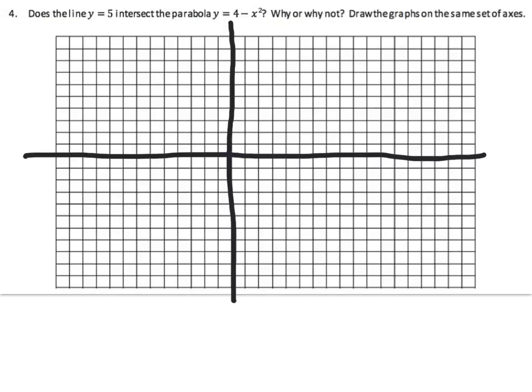I'm going to rearrange this one a little bit. y equals negative x squared plus 4. So I'm going up 1, 2, 3, 4, and opening down. Hold on. Plotted a few points. If I plug in positive 1 for x, I would get 3 for y. And if I plugged in 2 for x, I would get 0 for y.